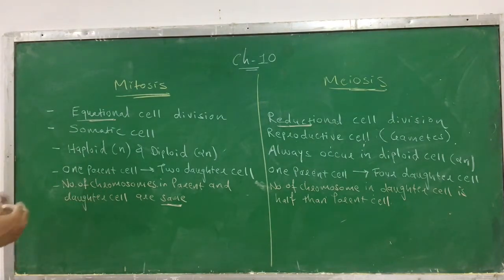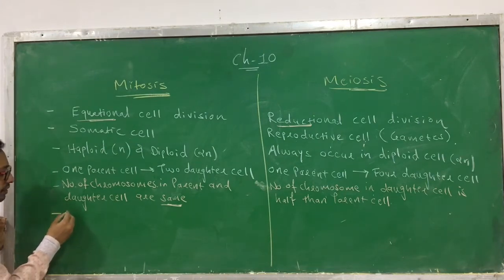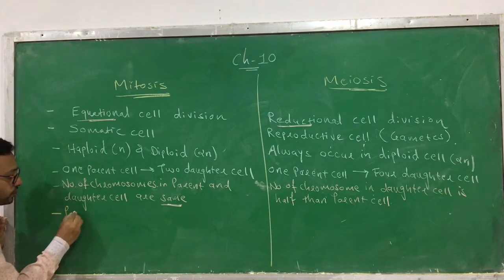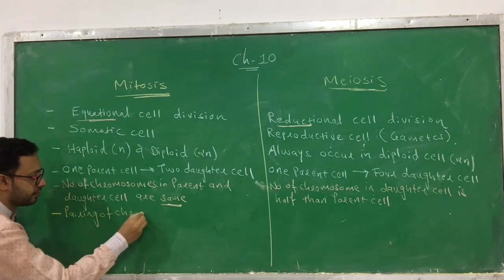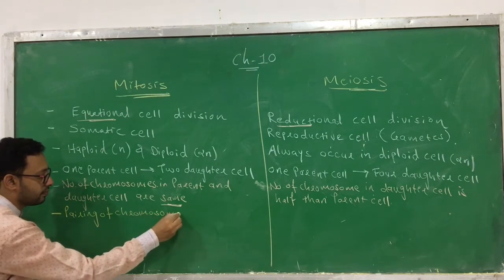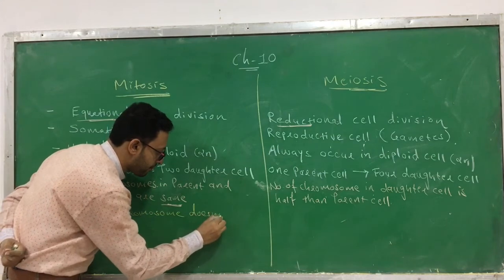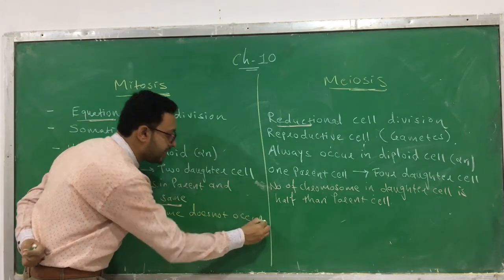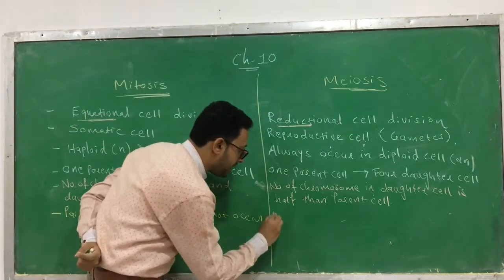Still there are lots of other differences present. So let's discuss what are the other differences in mitosis and meiosis. Okay, so let's discuss another difference. Here you can see pairing of chromosomes does not occur in mitosis, but here in meiosis, pairing occurs.